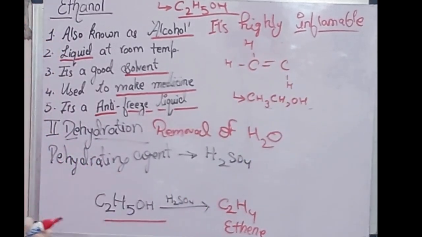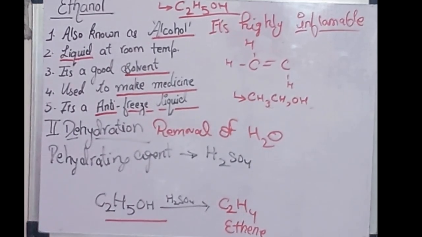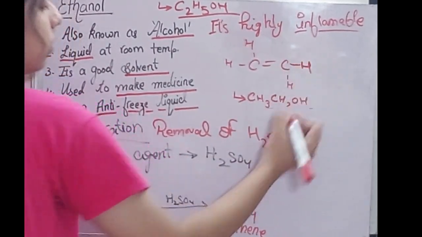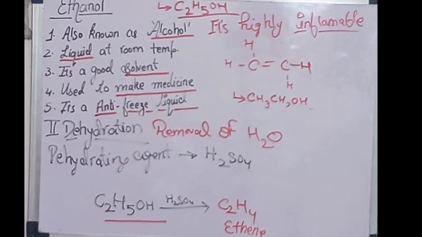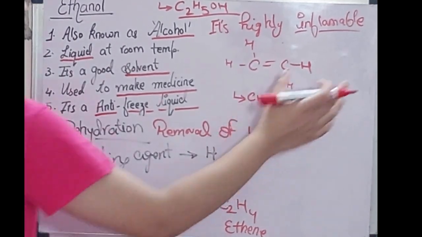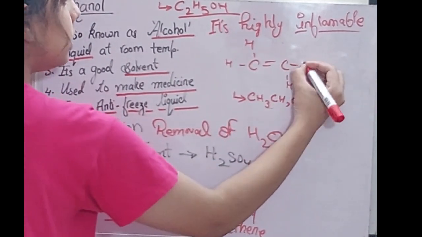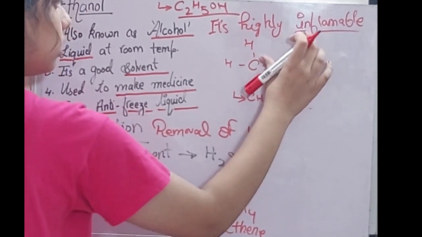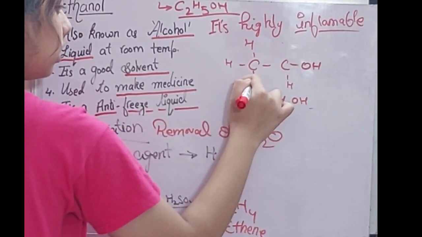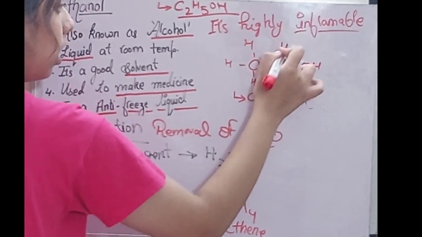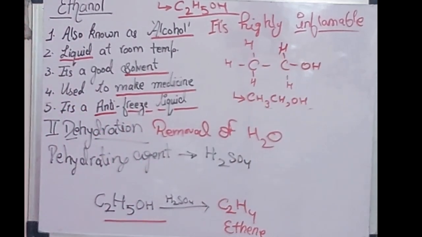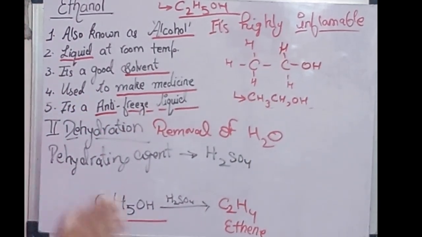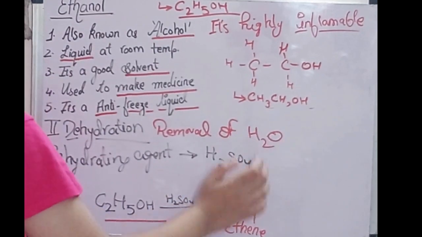Just a second. 1 2 3 4. 1 2 3. Oh, sorry, 4. This is how ethene looks like. Means you had your diagram as 1 2 3. This was your alcohol, right? Now dehydration means we'll remove water.